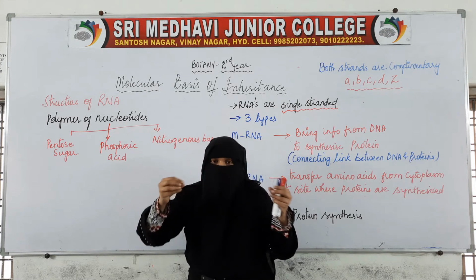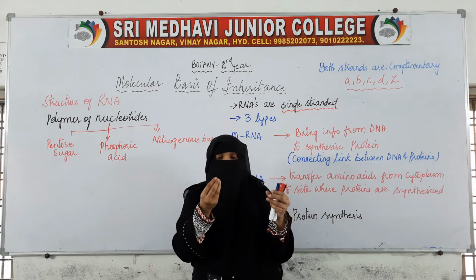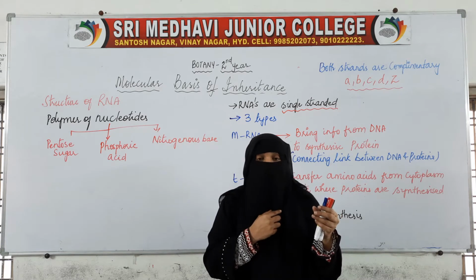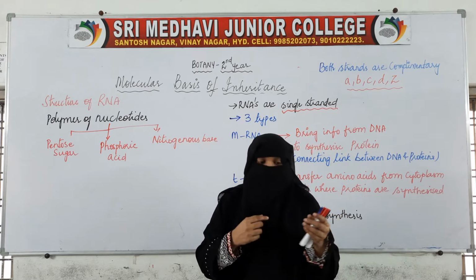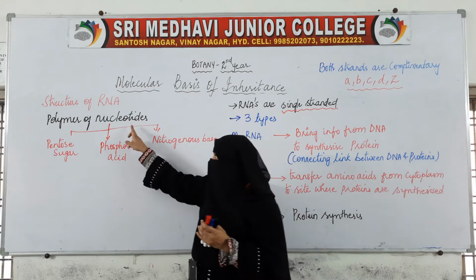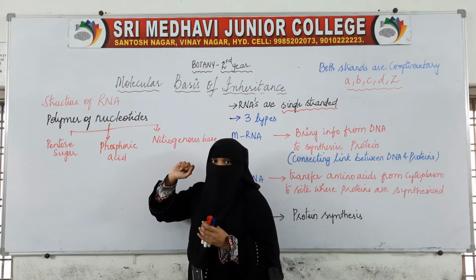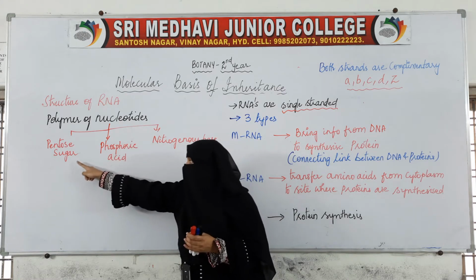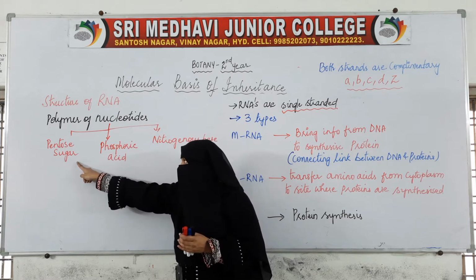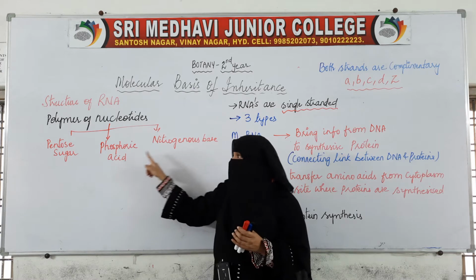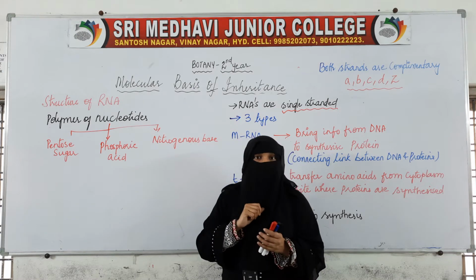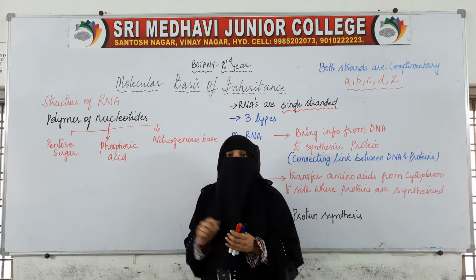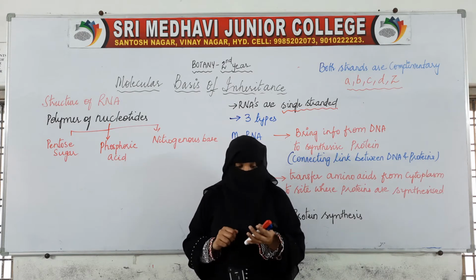The polymer is made up of small units, and those small units are nothing but nucleotides. We have already seen that each single nucleotide is made up of three things: pentose sugar, phosphoric acid and nitrogenous base.